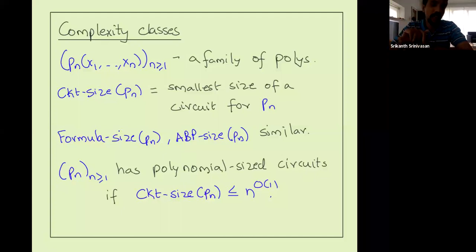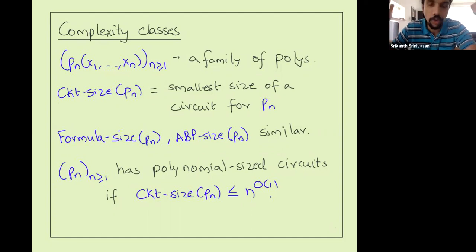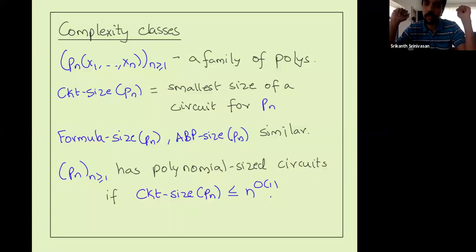And it is true that the smallest circuit for a square root n by square root n determinant is of a size that is polynomial in n. So it's an efficient circuit. Okay, and this is kind of what we want. So we want to be able to come up with, for the problems that we're interested in, efficient algorithms. And for now, efficient means polynomial in the number of underlying variables.